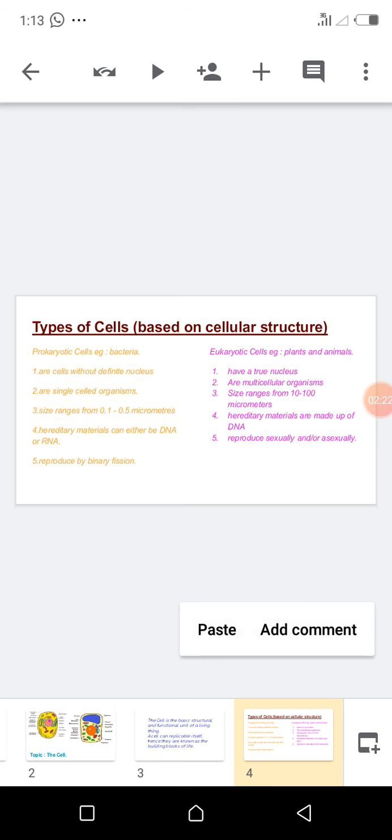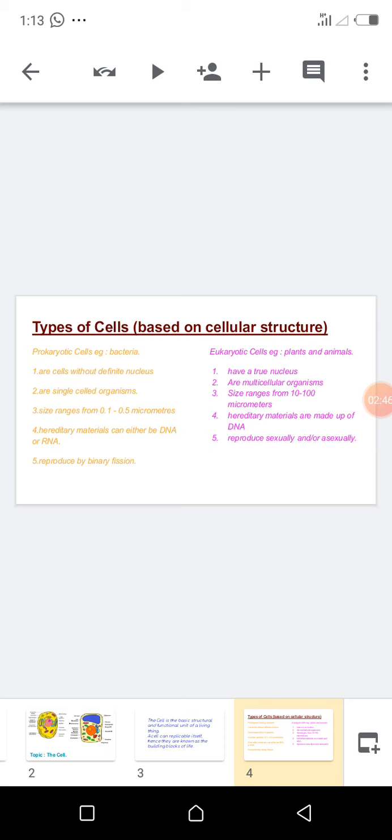Now, the other type of cell based on the cellular structure are the eukaryotic cells. We have examples in plants and animals. All plants and animals are composed of eukaryotic cells. They always have a definite nucleus. They are multicellular organisms.